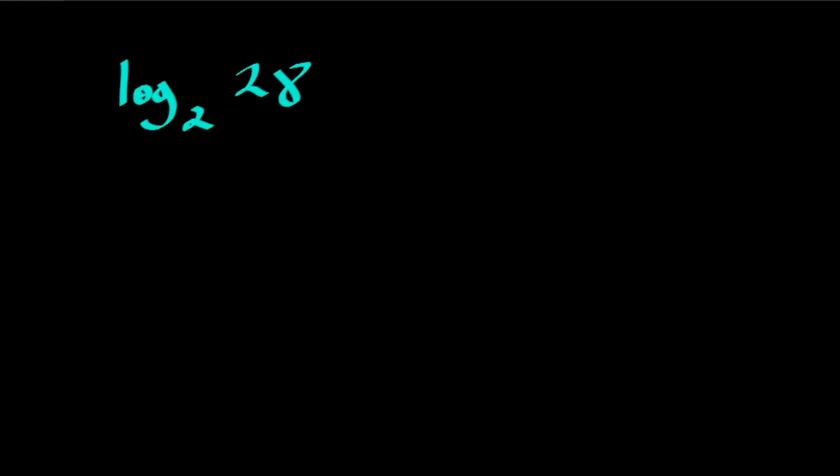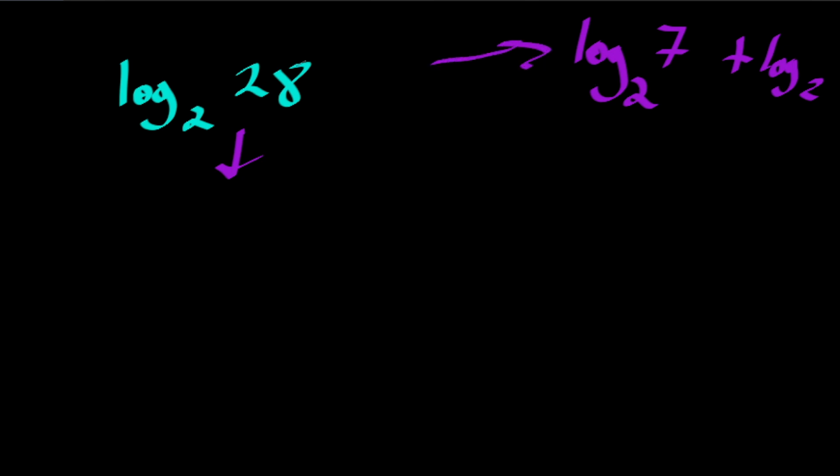You could do this several different ways, so answers may vary, but I'm going to do it just like we did condensing. When we condensed, we started with log base 2 of 7 plus log base 2 of 4. We're going to try to get back to that.